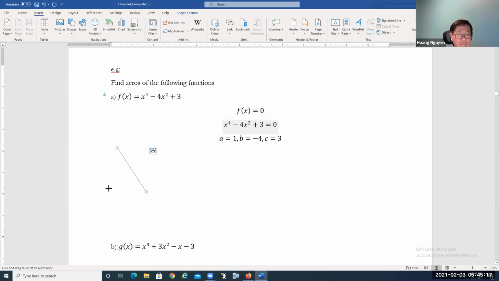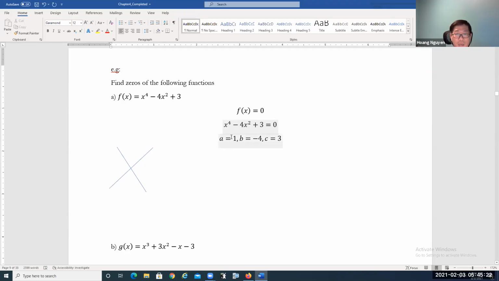We call this either the AC method or the diamond method. So we have 1 times 3 is 3. Let me put the number 3 on the top, and this is -4.